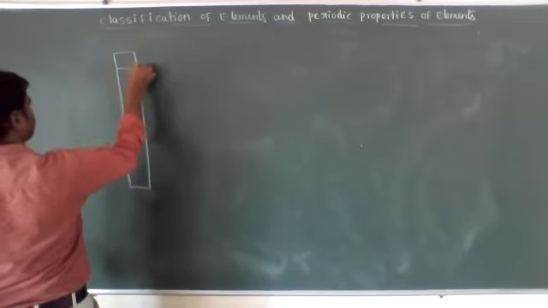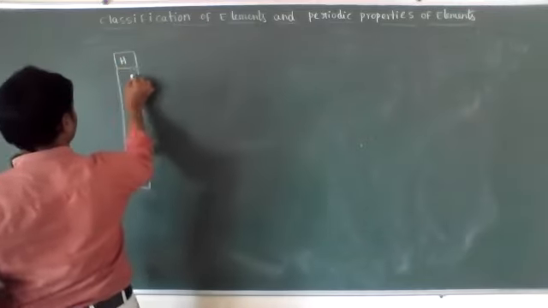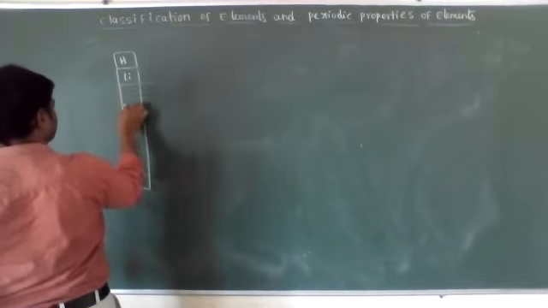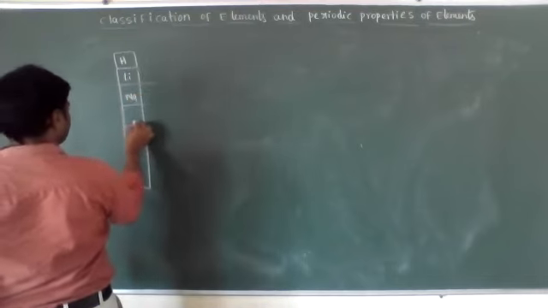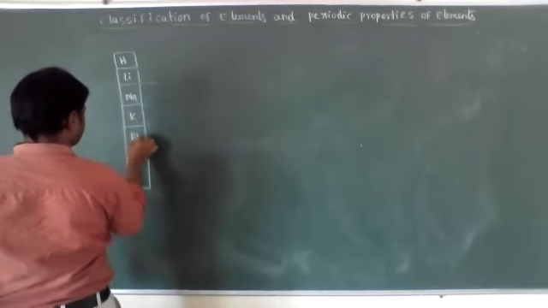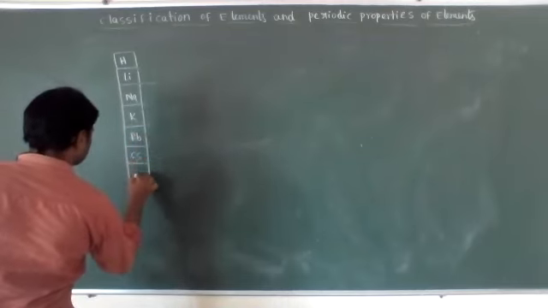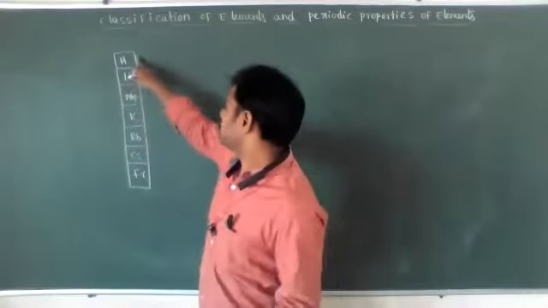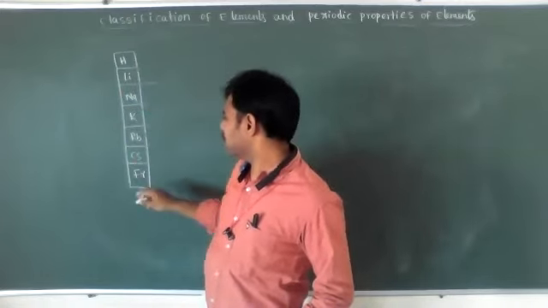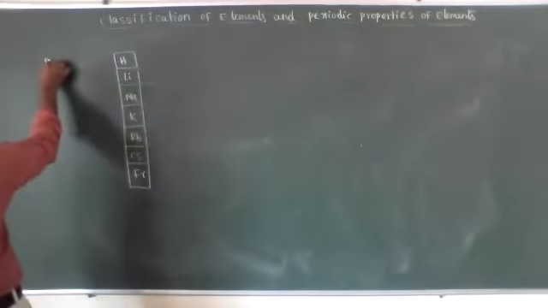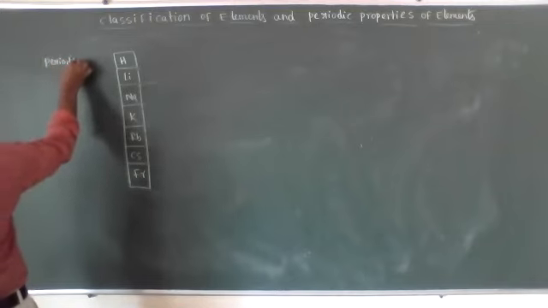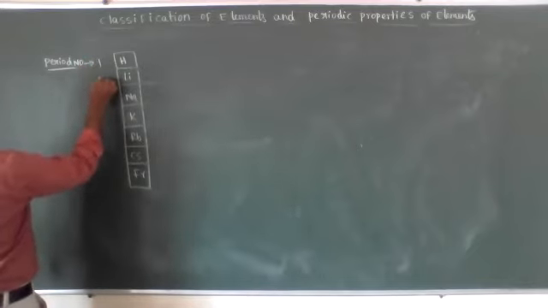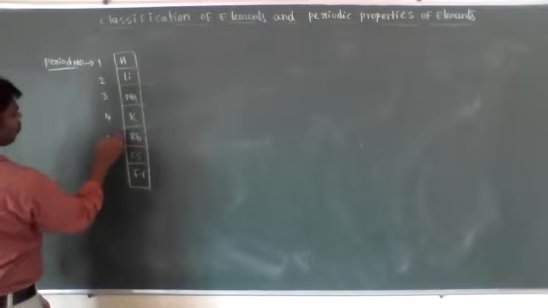Hydrogen, lithium, sodium, potassium, rubidium, cesium and francium. These period numbers: 1, 2, 3, 4, 5.